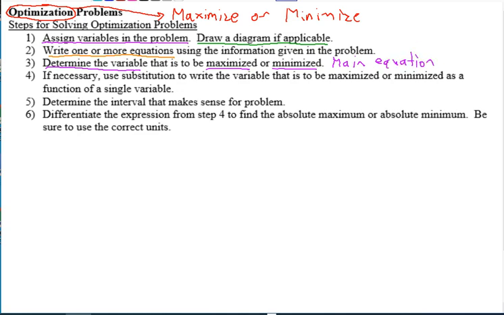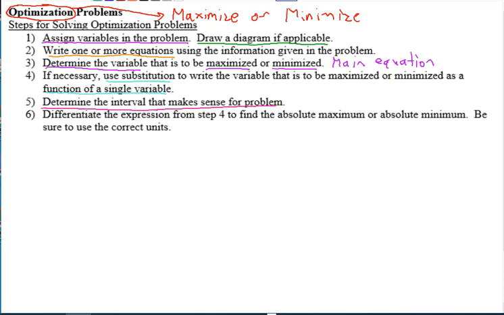And then if necessary, sometimes that main equation is in terms of two variables instead of just one. If it is in terms of two variables, then you're going to use substitution to write the variable that's to be maximized or minimized as a function of a single variable. So to get rid of one of those variables, that's where you'll use your second equation if there is one. And then determine the interval that makes sense for the problem.